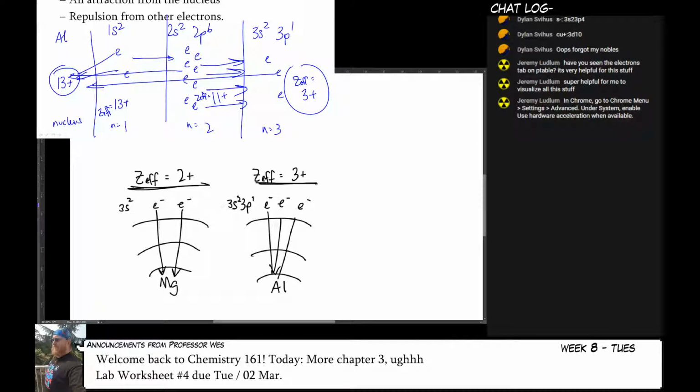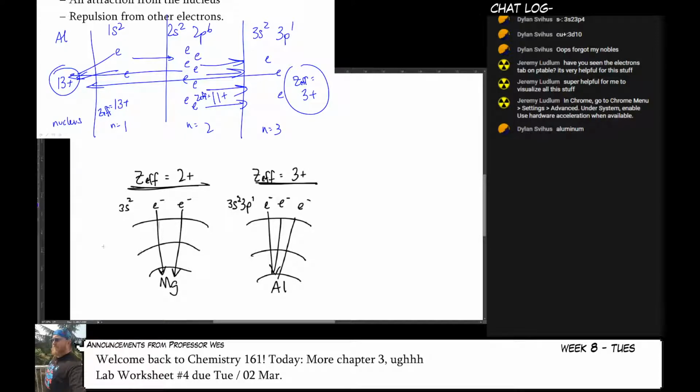Think of Coulomb's Law, which will increase the potential and thus pull things in closer to it. Bingo, aluminum will, right? Because I have a higher force.